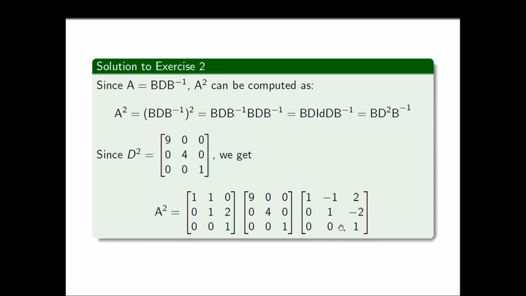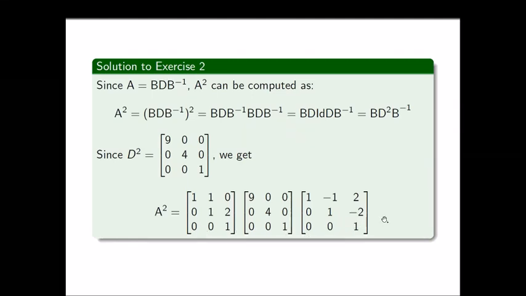Now, this doesn't look as impressive, but wait till you have a much higher power of A, like A to the 100 or A to a million. So instead of computing A to the million by multiplying A to itself a million times, we can just compute D to the million very quickly, because it's just going to be the millionth power of each of the terms, and then multiply by B on the left and B inverse on the right.